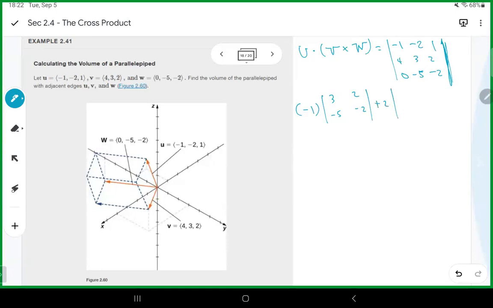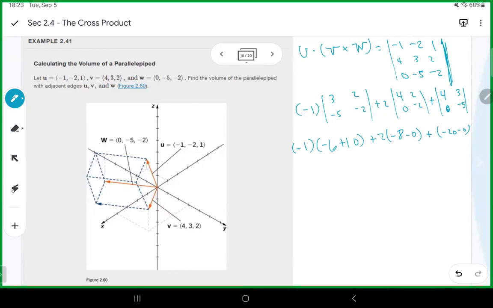+2, and +1, but it's understood there. So then that gives us a -1 times -6 plus 10, plus 2 times -8 minus 0, plus -20 minus 0.